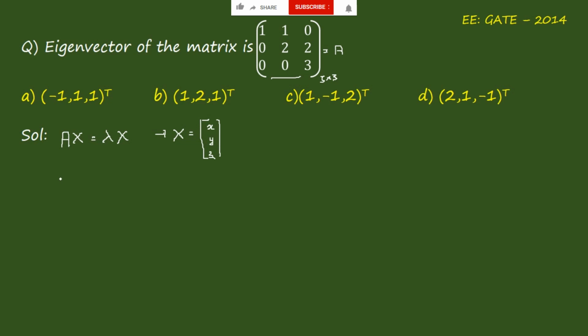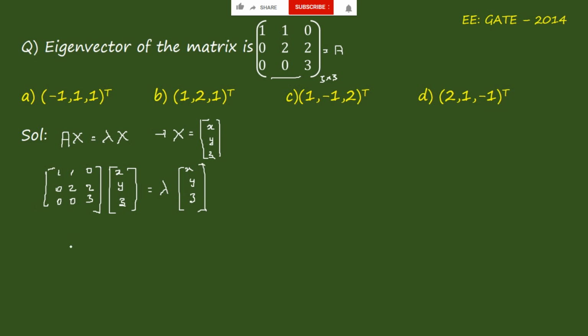Right? Just multiply A with x. So we get the matrix 1 1 0, 0 2 2, 0 0 3, and it has been multiplied with x, which is x, y, and z, and which should be equal to lambda, a scalar value, into x, y, and z, right?